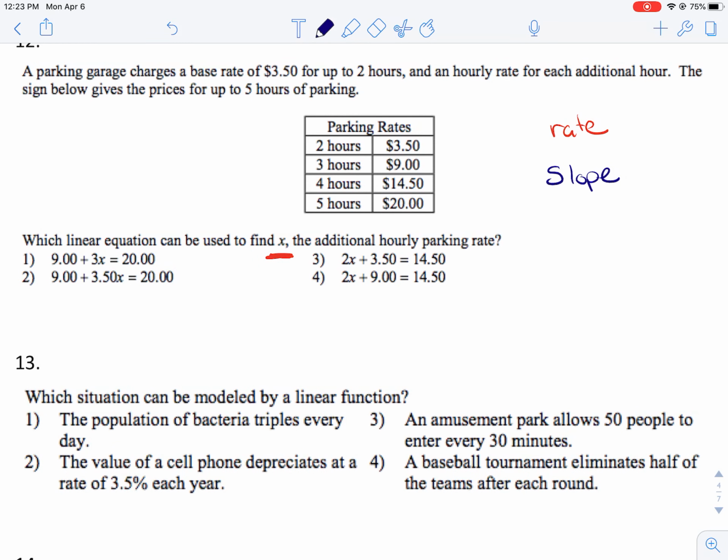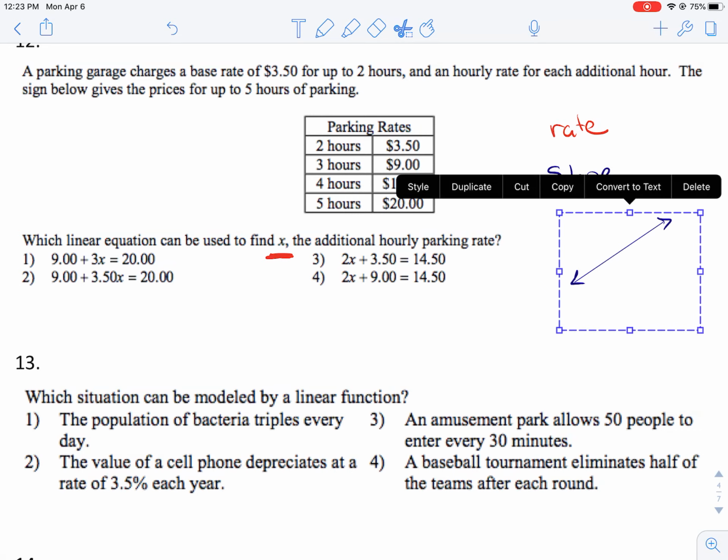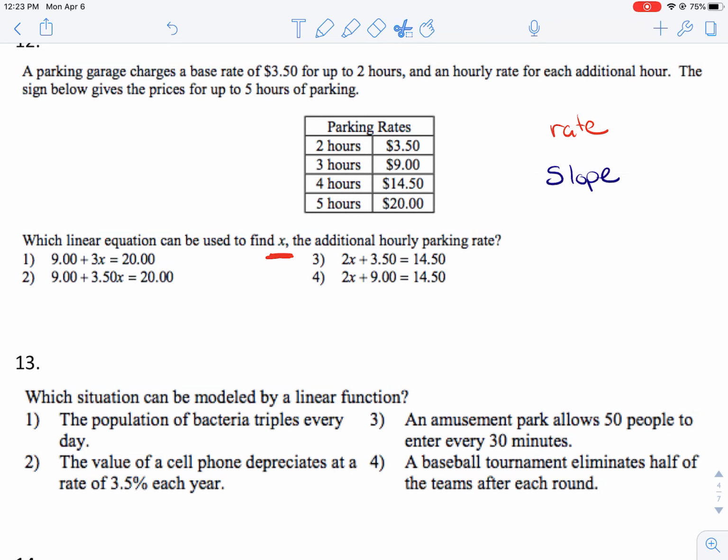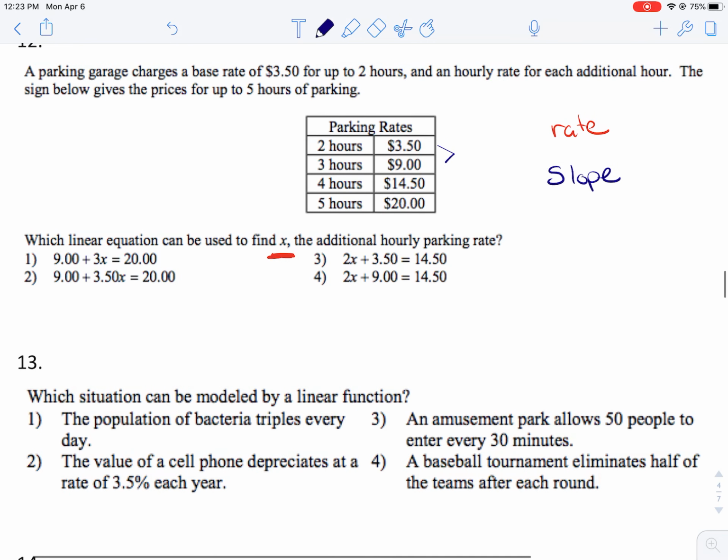When we're talking about rate in linear equations, we're actually talking about the slope, because linear equations are lines, and lines have a constant rate of change. So when we're talking about rate here, we're talking about the slope. We want to know how much it's increasing by each time.